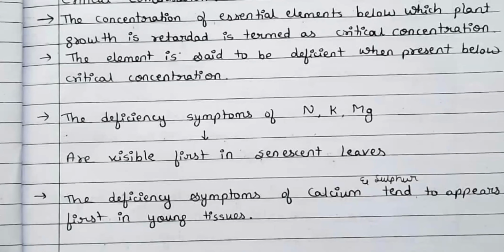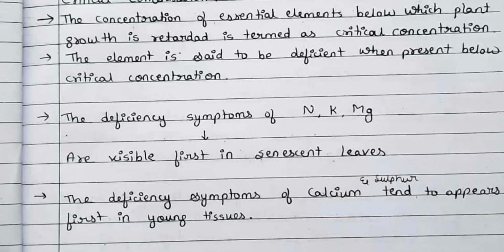Now remember one thing: for deficiency of any element, the plant shows certain morphological changes. These morphological changes are the indication of element deficiency, and those symptoms we call deficiency symptoms.